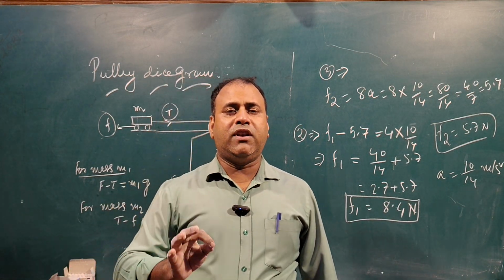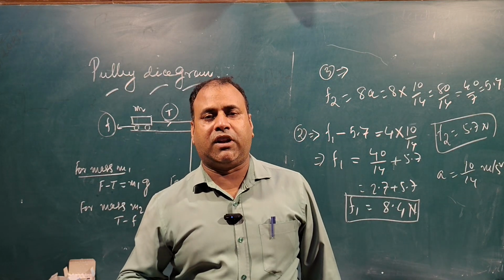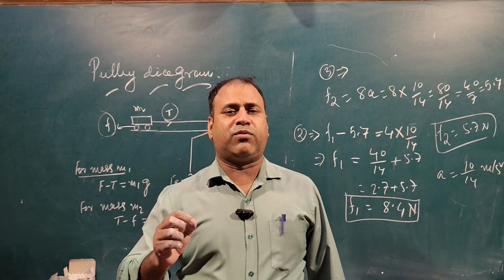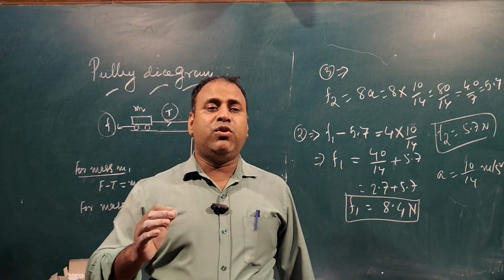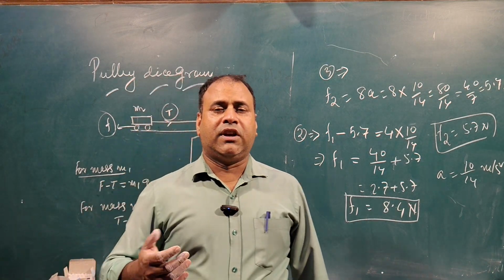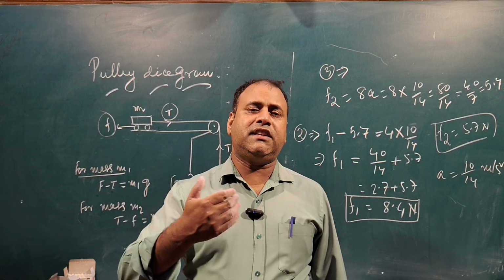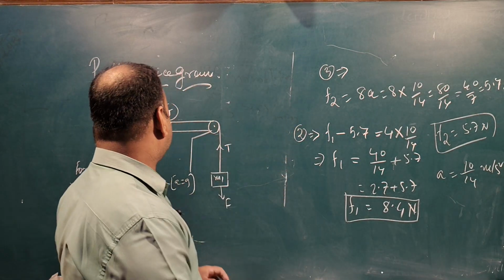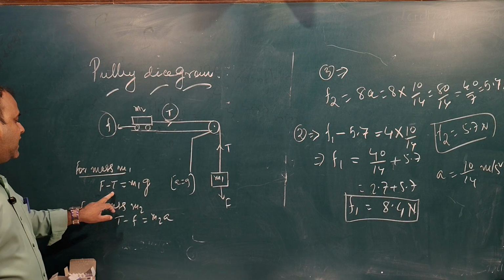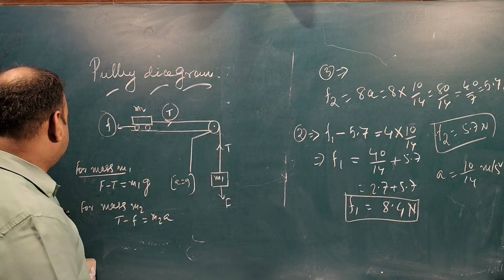Primary is always bigger and secondary always smaller. But don't write tension T minus applied force. It will be wrong, because without applying force, it is not possible to develop the secondary force. That is why F minus T is equal to this one. So always consider the primary force first, because due to the primary force, secondary force is developed. That is why you have to write the primary force first.